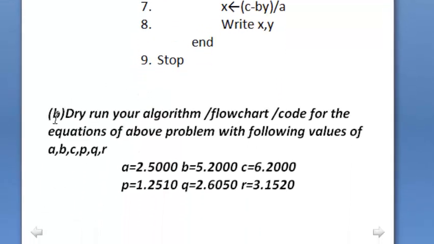Now the second part of the question is, dry run your algorithm for the equations of the above problem with the following values of a, b, c, p, q, r. These are the values which are given to us, where a equals 2.5000, b equals 5.2000, c equals 6.2000, p equals 1.2510, q equals 2.6050, and r equals 3.1520.